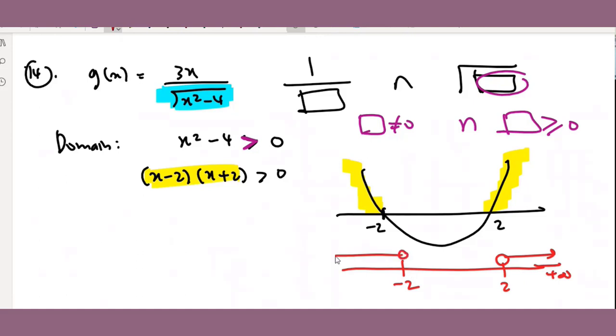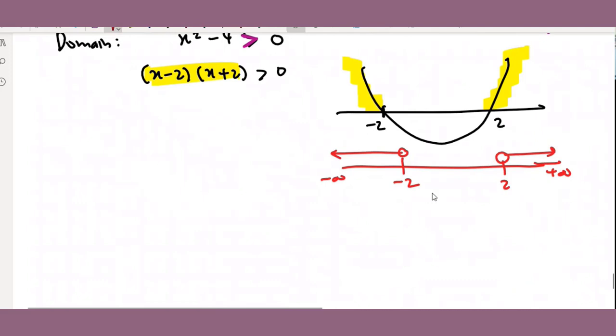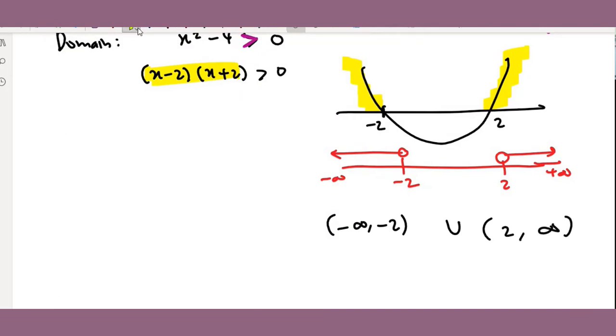The domain is from negative infinity to negative 2, union 2 to infinity.